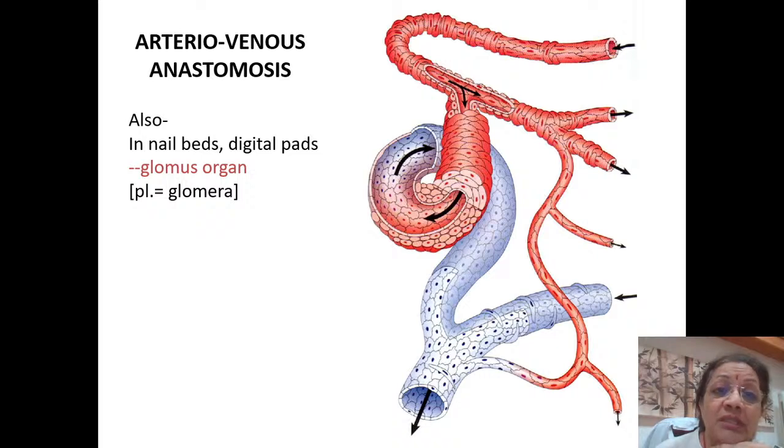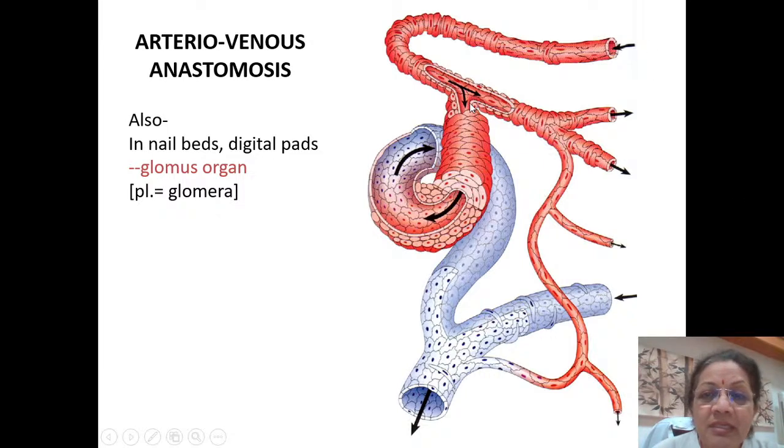Arteriovenous anastomosis is another very important phenomenon where there is no capillary in between an artery and a vein. So you normally have artery, then you have arteriole, then finer channels, then they become capillary, then there'll be a network. Slowly the red will become purple, and then they will come back into the vein. This is a normal plan, right? Lots of distribution and lots of coming back.